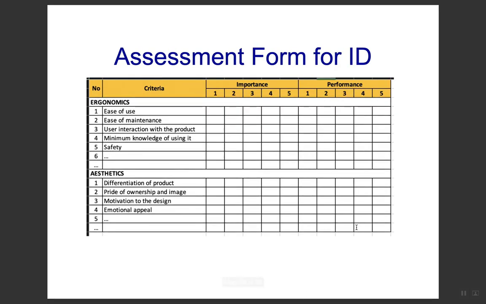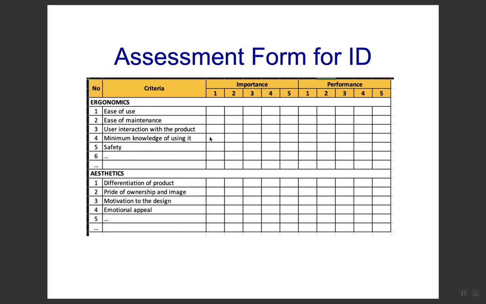Okay, I think this is just the last slide. This is the assessment for industrial design. So if we ask you to assess your product, or you want us to assess a certain product concept, whether it is fulfilling the industrial design or not, then you can use this simple example of an assessment form.